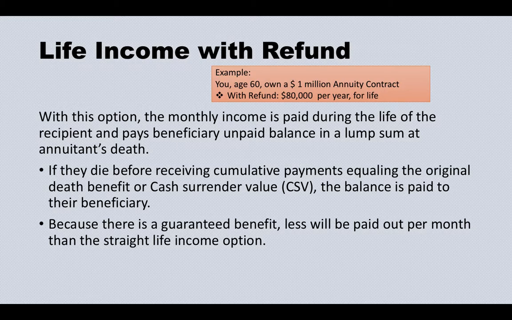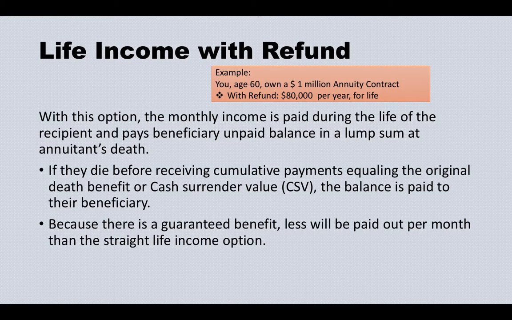If they die before receiving accumulated payments equaling the original death benefit or cash surrender value, the balance is paid to their beneficiary. So if you die in a year, having received $80,000, then $920,000 is left to go to your beneficiary.